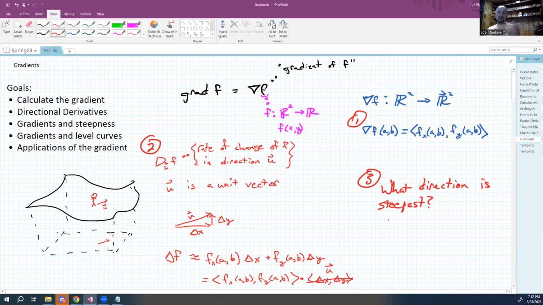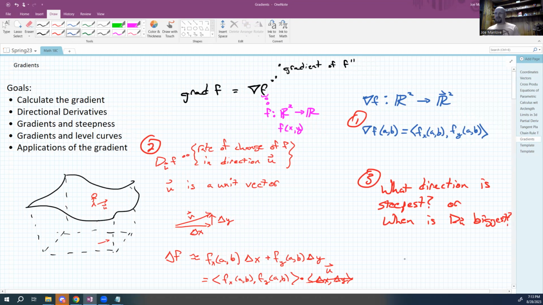In other words, another way to ask that would be to say, when is du biggest? Well, du is just a dot product. So when is a dot product biggest?